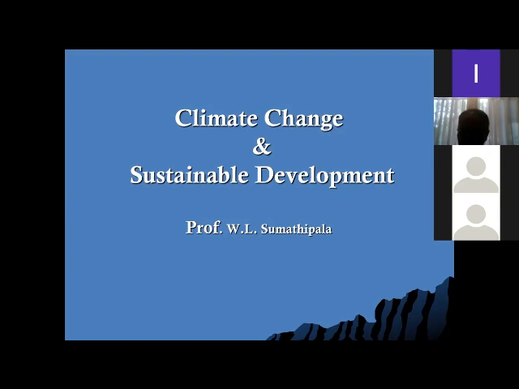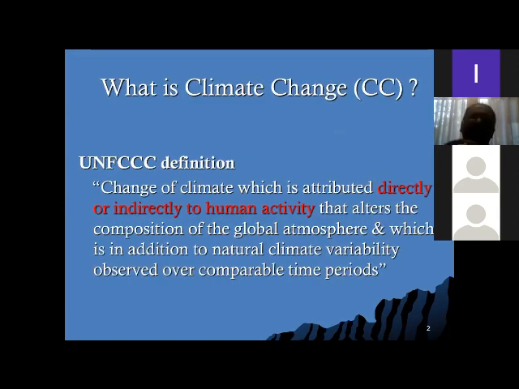So let's start. Okay, now you all know what climate is, right? Climate is the long-term average of weather in a situation or in a country. According to the World Meteorological Organization, you need to have at least 30 years of data, and we talk of climate as the average over this 30-year minimum period.